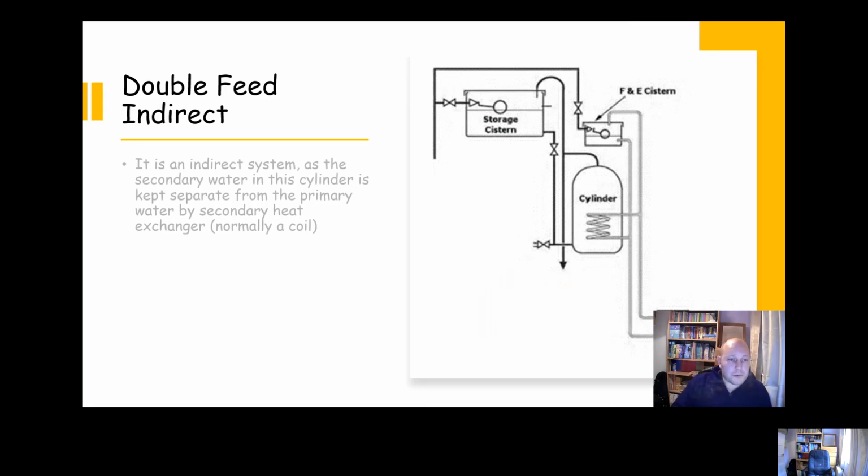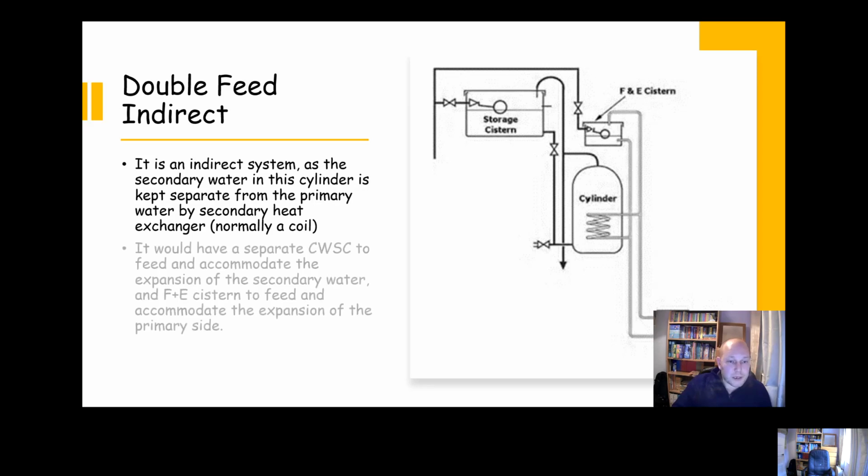So firstly, a double feed indirect cylinder. This is a cylinder, or a system, that would have 2 feeds.